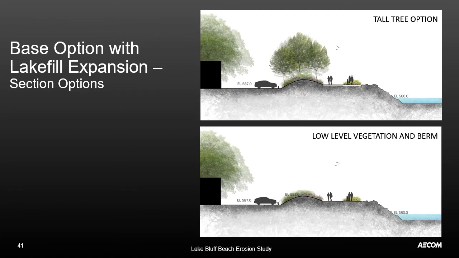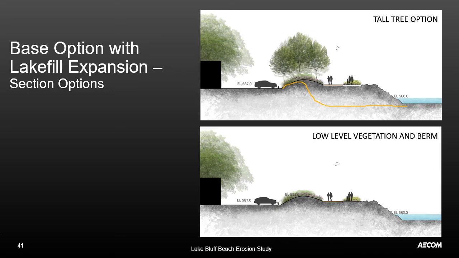These are two versions of cross-section views of the Lakeville expansion with different types of vegetation. The upper one shows more of a tall tree approach. The lower one shows more of a low shrubs type of approach. And there's pedestrian walkways and promenades and such on here. So the existing cross-section looks something like this.